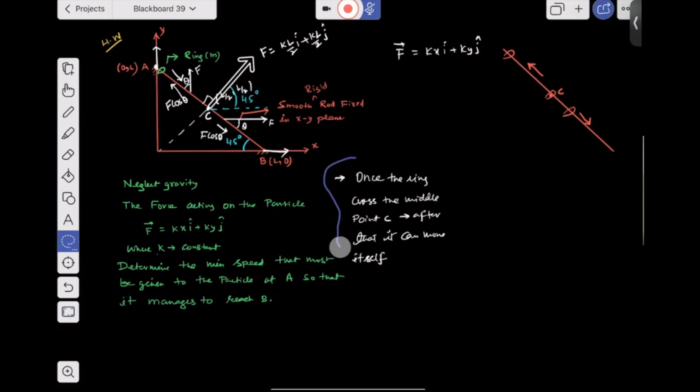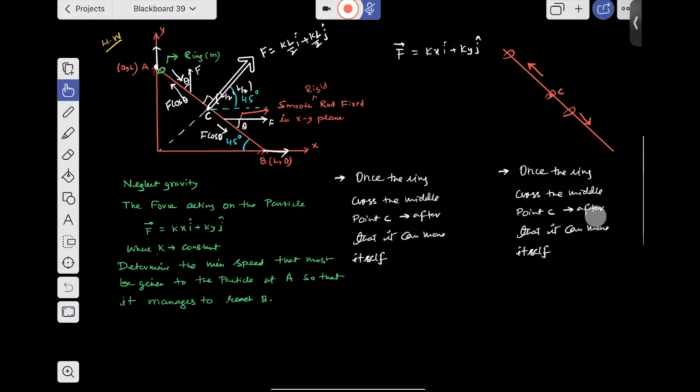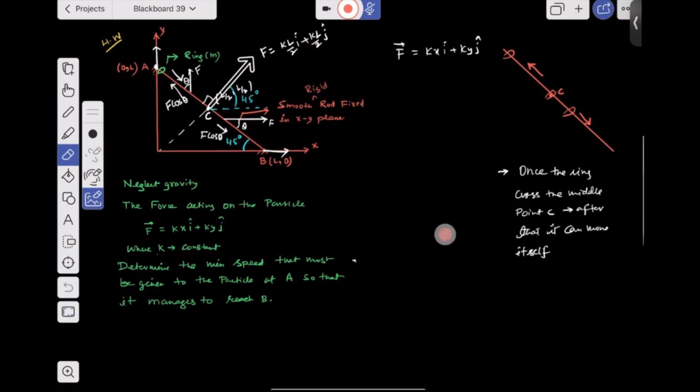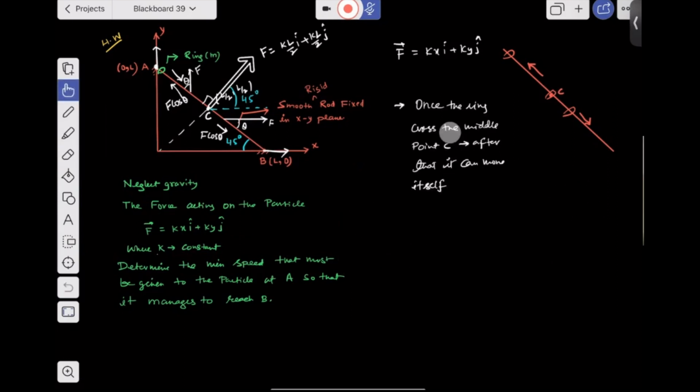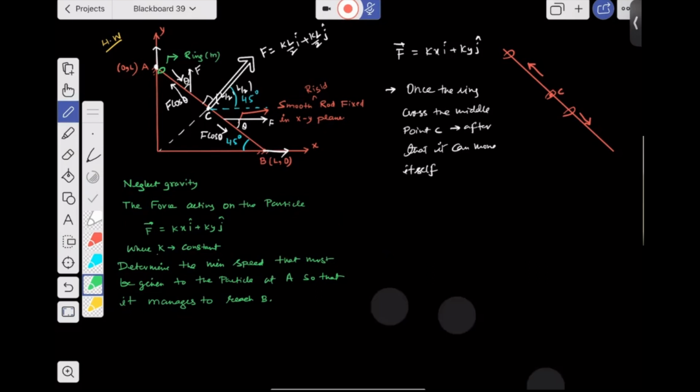Tell me. So work, it doesn't matter what is the nature of the forces, we don't need to look even to apply the work kinetic energy theorem. And what is that? Net work done is going to be equal to change in kinetic energy. And we are going to calculate the work done once the ring moves from A to C. So we want the ring to reach the middle point C with almost zero speed.